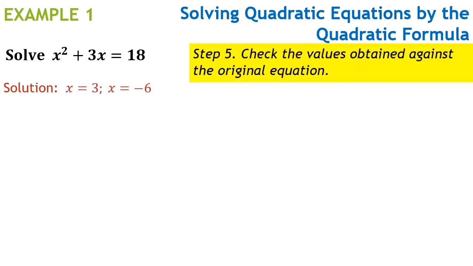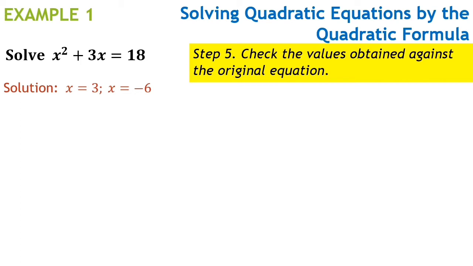The last step, step number 5, is to check the values obtained against the original equation. This is very important to check whether the obtained values are the correct solutions to the given quadratic equation.